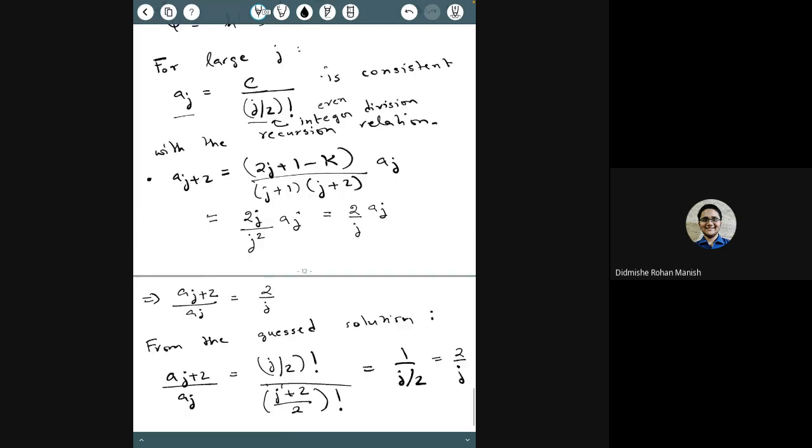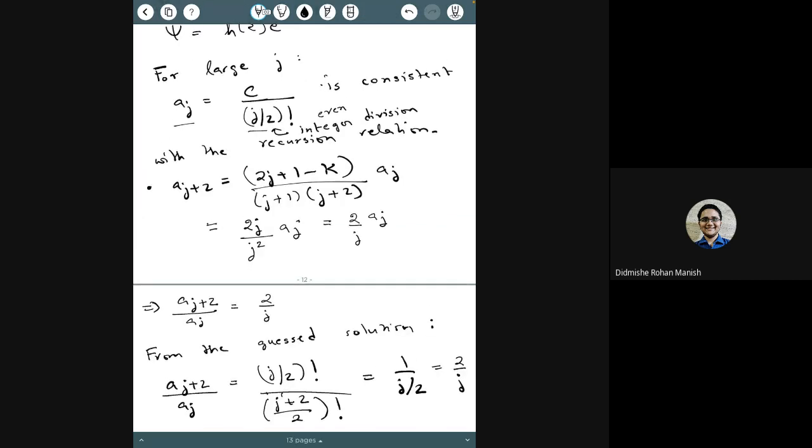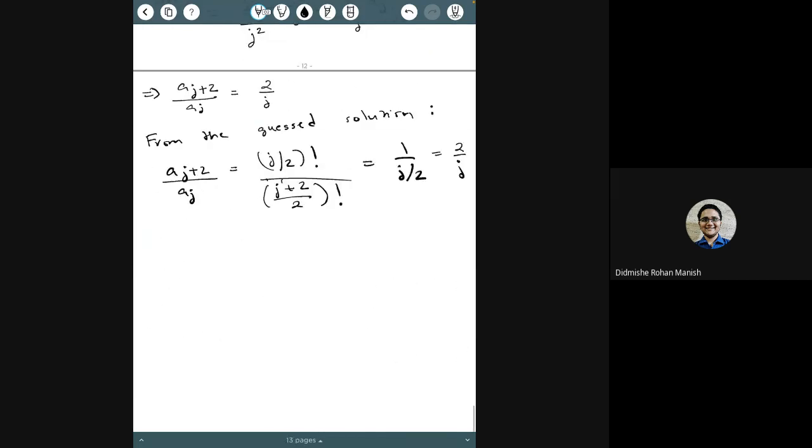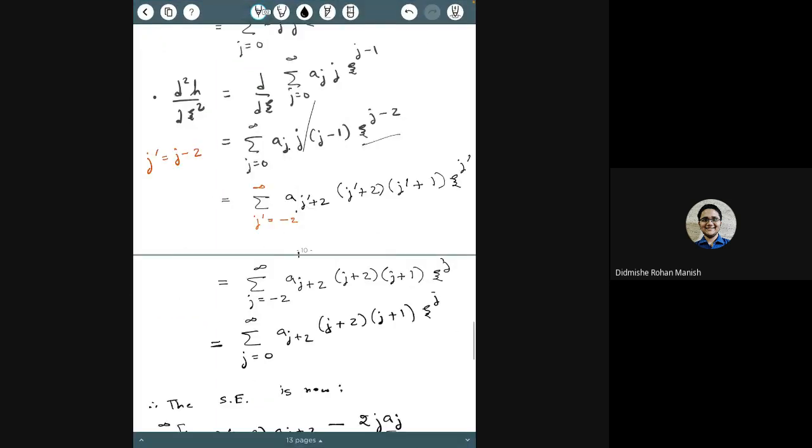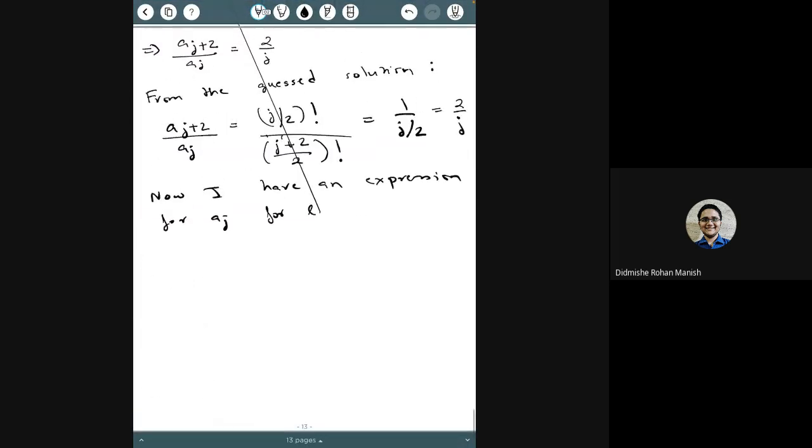Now, how does that help me? Now I have an expression for a_j for large j, and this will help me. Consider the function e to the power y squared.